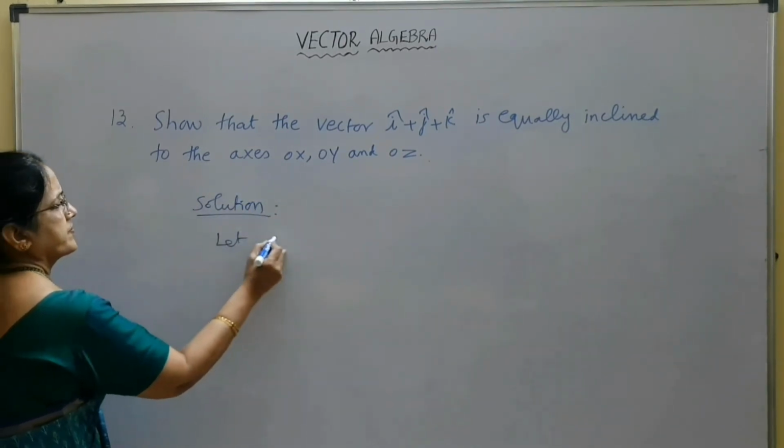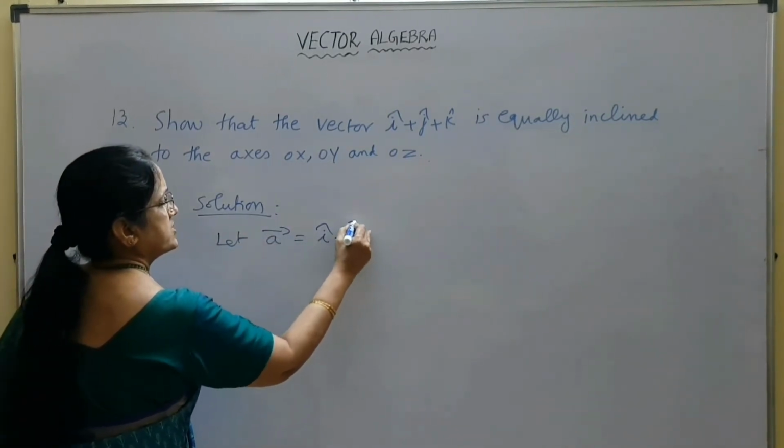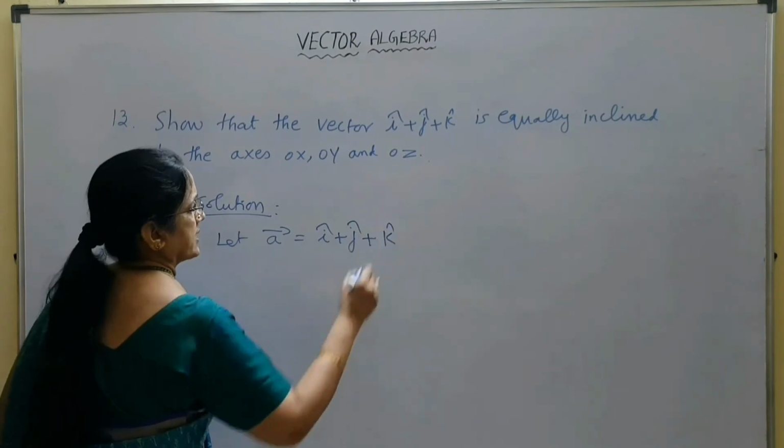Let A vector be equal to i cap plus j cap plus k cap.